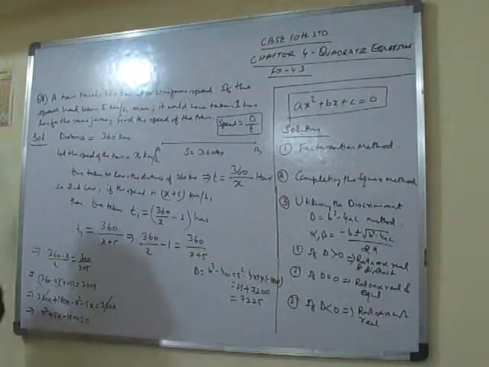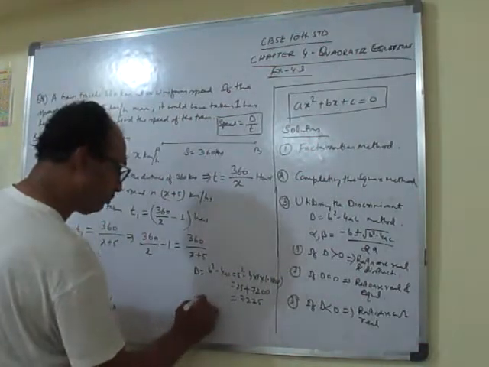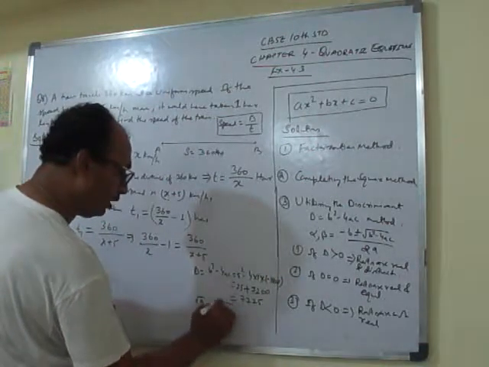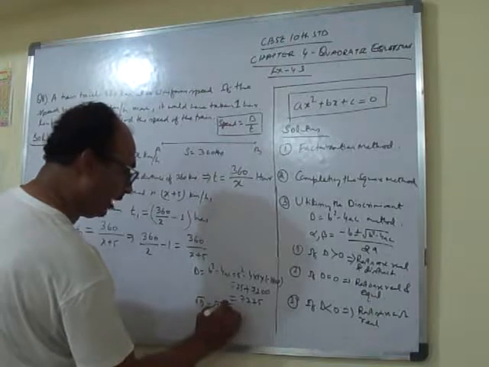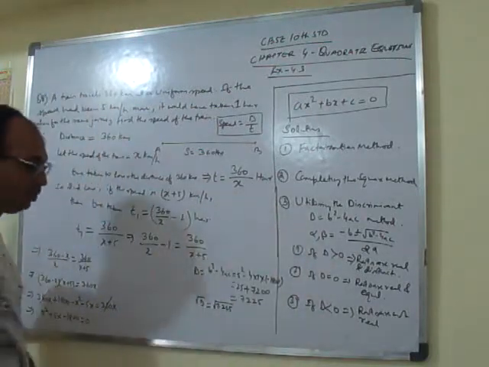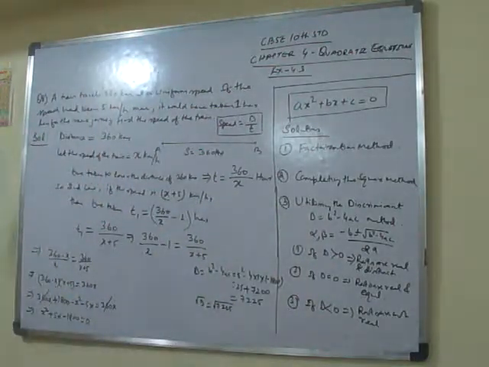Now we have to find the square root of D, so the square root of 7225. Let us see in which way we can find out. By the long division method also we can find out.